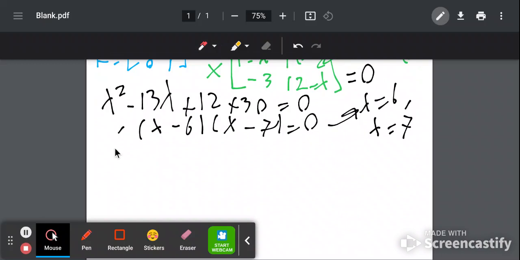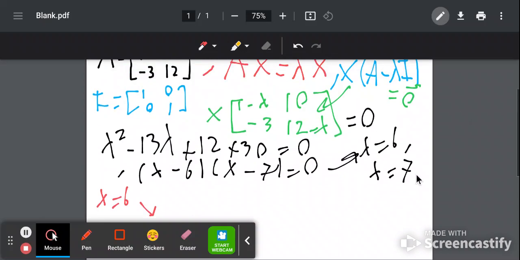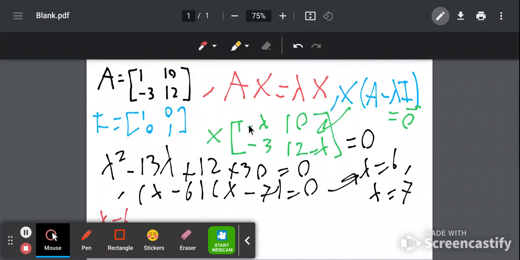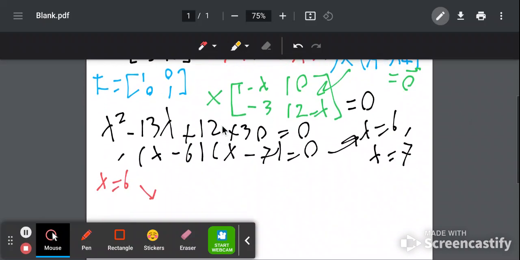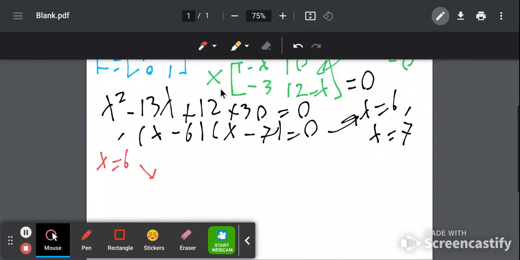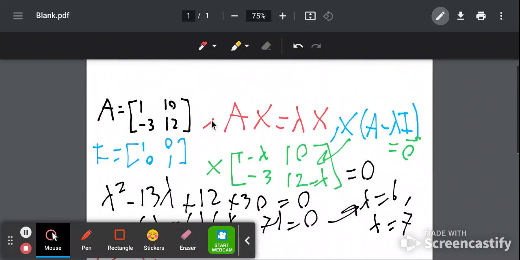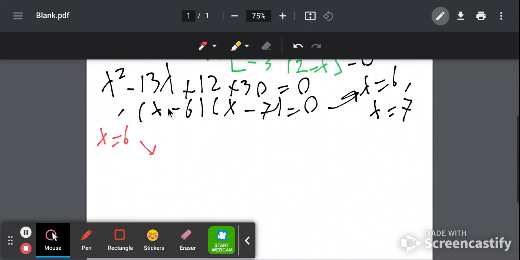So let's go back to lambda equals 6. We go back to our equation here. I'm going to generalize the vector x because, since this is a 2 by 2 matrix, x has two entries.